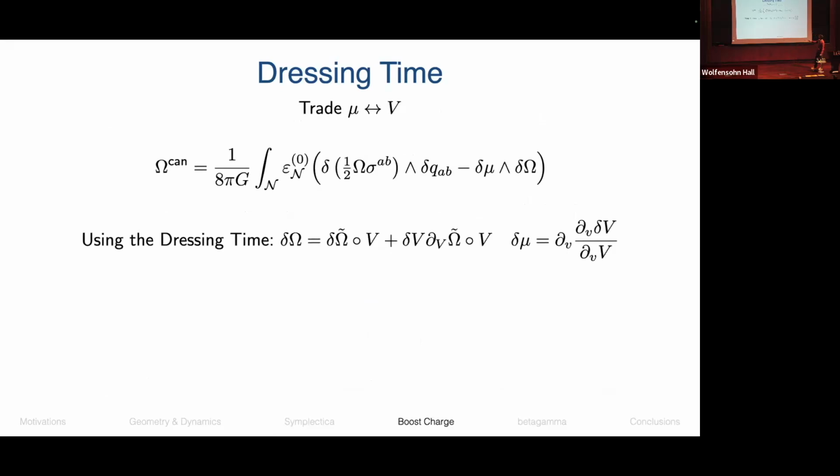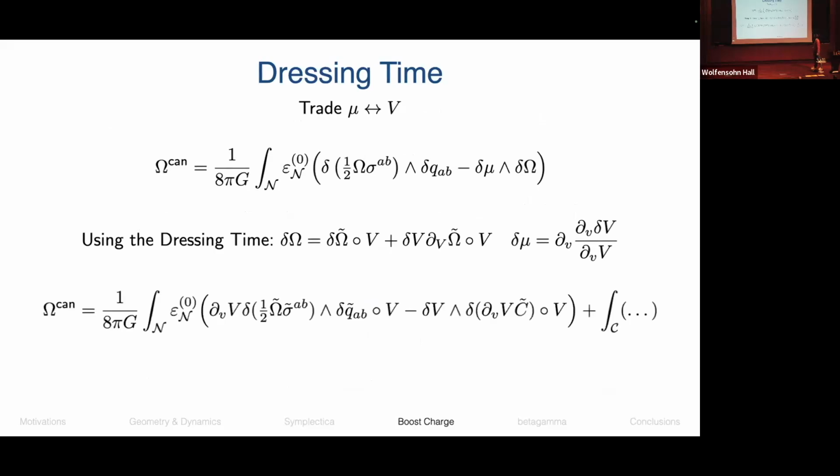And therefore now, using the dressing time, I have these extra shifts in delta V. By doing so for all our fields, I spare you the details, the final result is that the spin 2 structure just gets dressed in the right way, but the spin 0 sector mu and theta is replaced by V delta C, where C is the Raychaudhuri constraint itself.